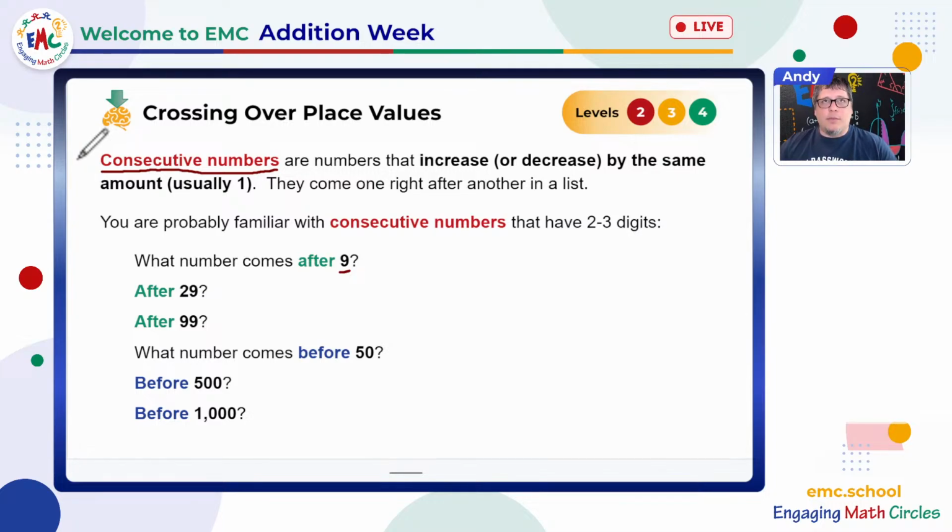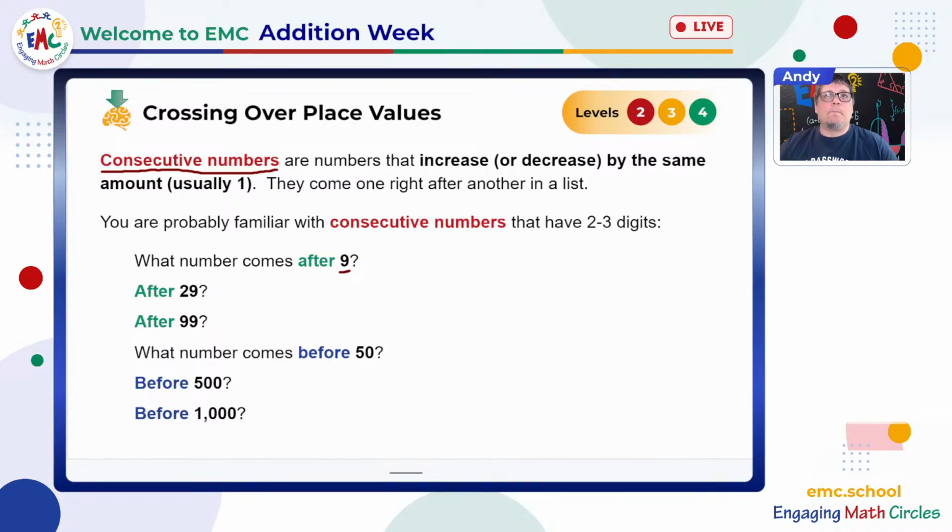Consecutive numbers are numbers that come one after another following a pattern. If they don't tell you the pattern, then we assume we're always adding 1. So a consecutive number, we're going to add 1, 1, 1, 1, unless they say something special like consecutive odd numbers or something like that.